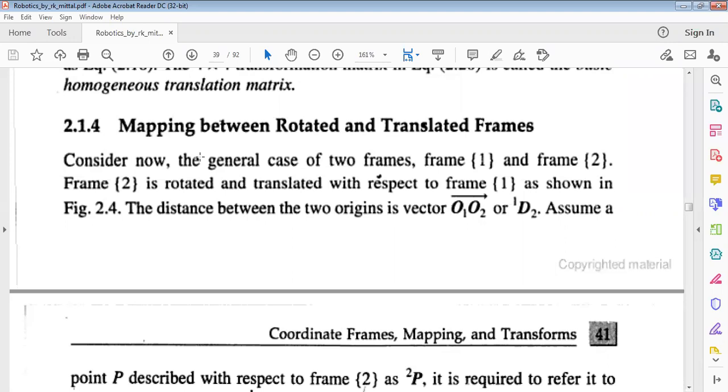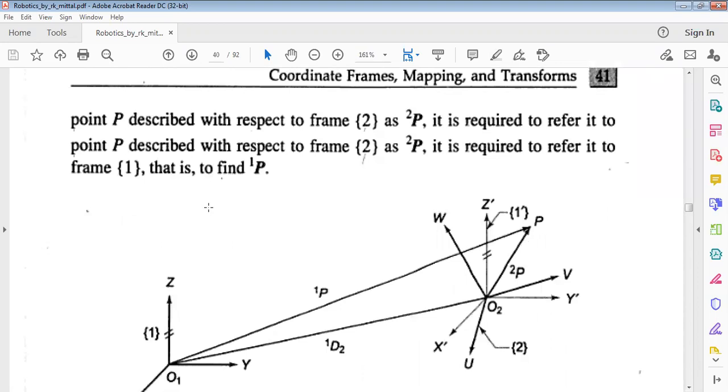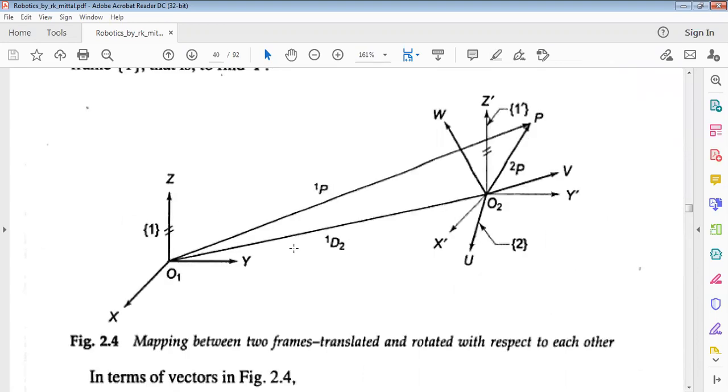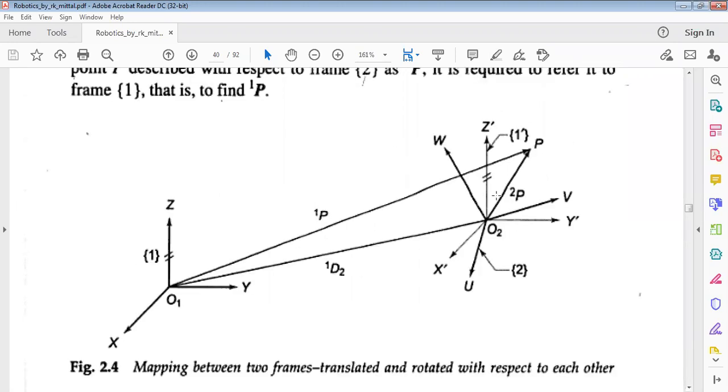For this, we need to take two frames, 1 and 2. In order to map those two frames, we need another frame, an auxiliary frame, also known as a supporting frame, known as the x dash, y dash, z dash frame.